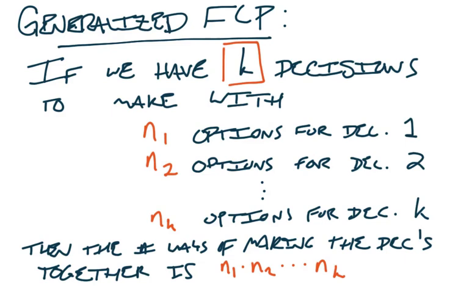We multiply n1 times n2 times n3 times n4 all the way down the line, eventually multiplying with the last number of options we have for the last decision, which is n sub k. So we just multiply all these things together, and that gives us the right number of ways of making the decisions, I should say.